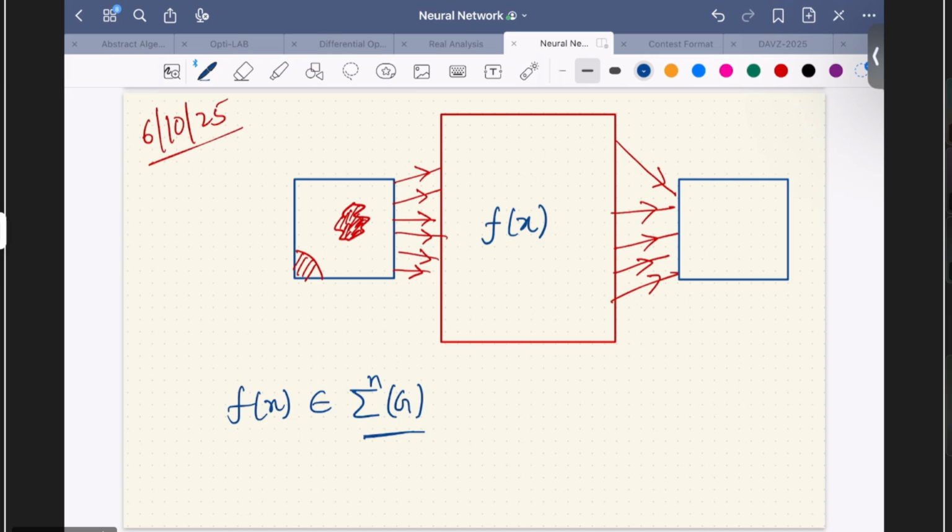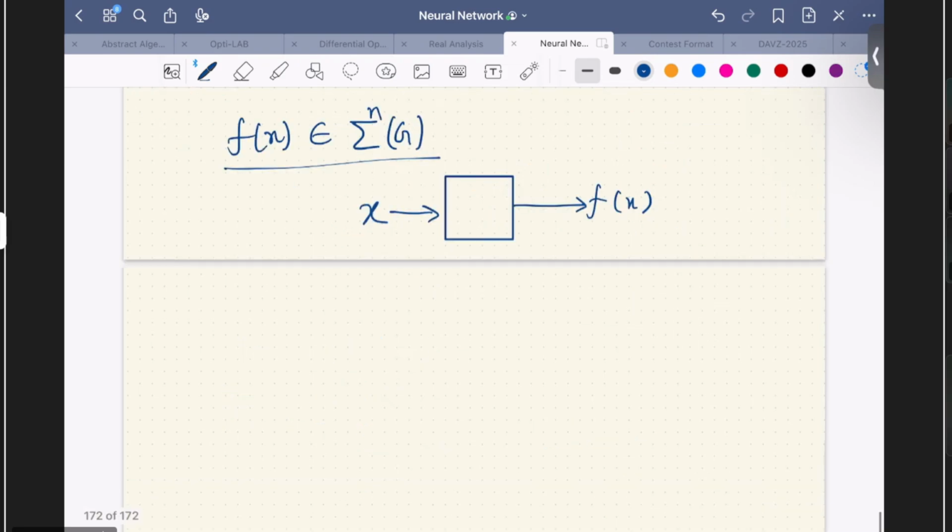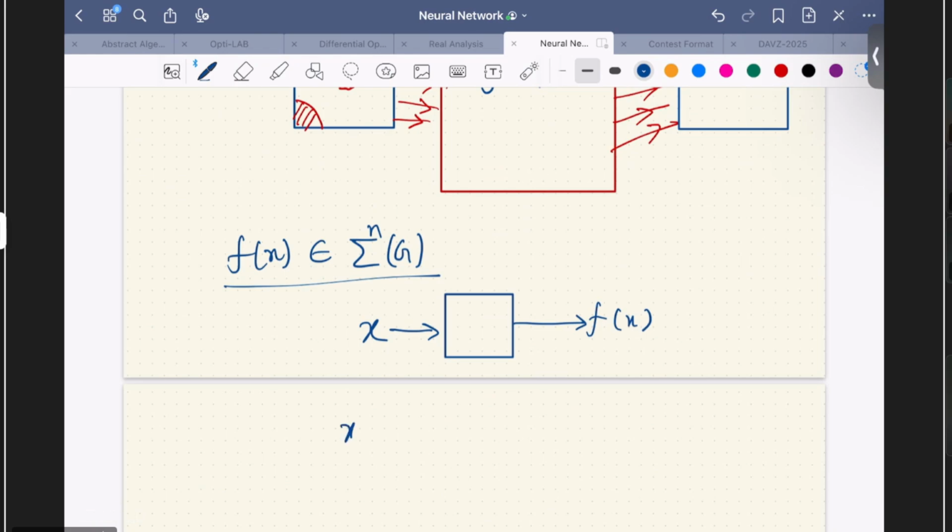So okay, can you describe the mathematics to express something? If we give new information to the sigma net, like if you supply x to a neural system, whatever system we built, we are looking for f of x. Now, if you change x, x may be anything, data, or it need not be just R^n, R^m.